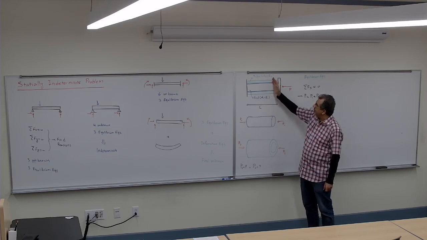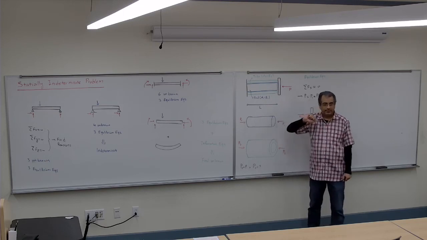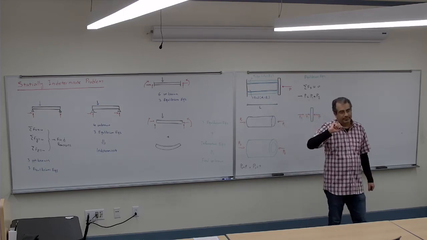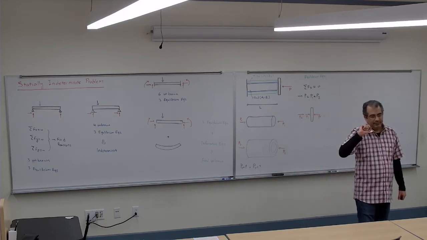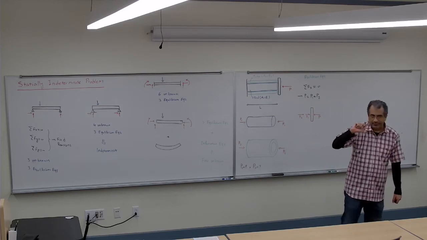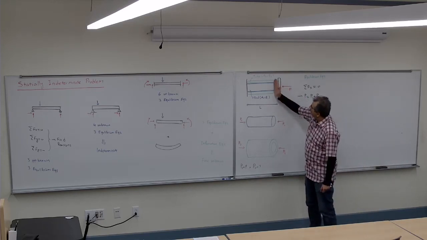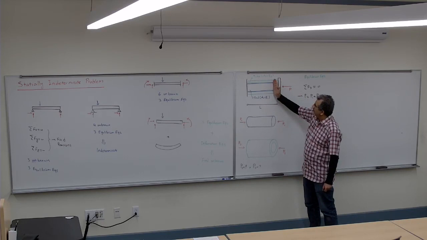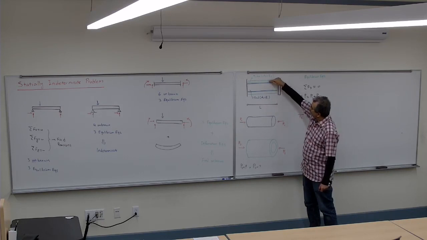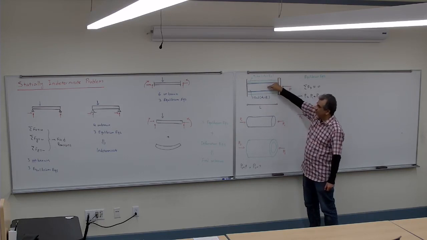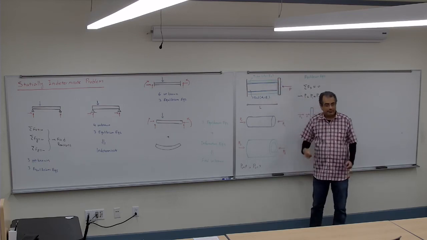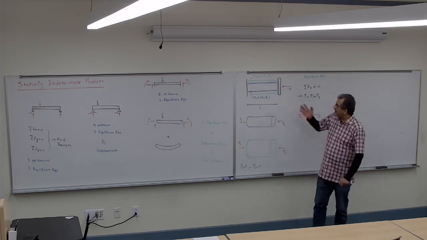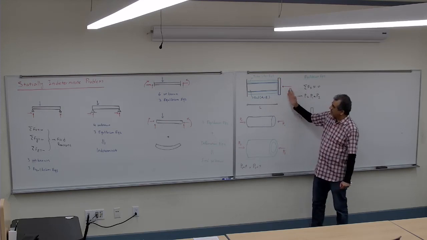So what's the relation between the deformation of the tube and the rod? If I push that up to here, what's the relationship between the deformation of the tube and the rod? It's equal. So that's the relationship we look for.